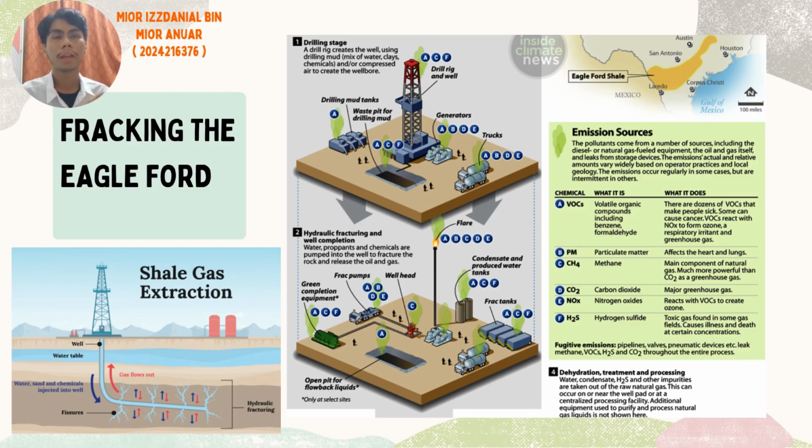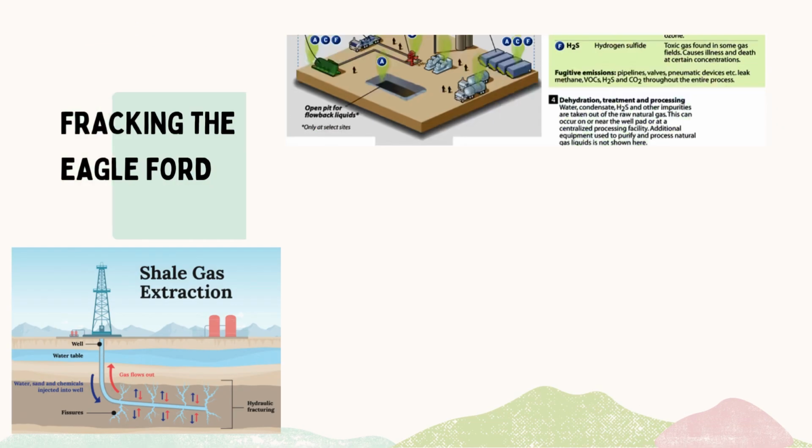Okay, this is the fracking machine at the Eagle Ford that extracts the wet and dry gas, and as we can see, both pictures show horizontal drilling, and the process is like I said before, to extract the wet and dry gas. When doing the process, water, sand and chemicals are injected into the well to extract it.